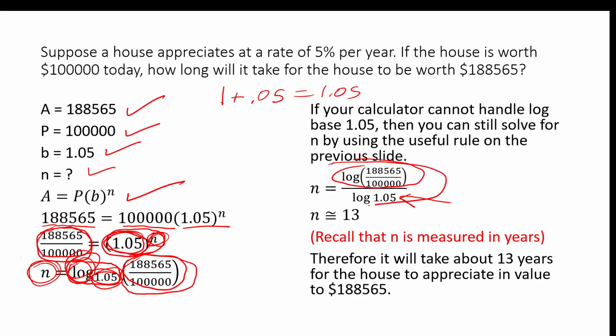If you have a fancier calculator, you'll do the other one. But either way, you get an n value of approximately 13. Therefore, it'll take about 13 years for the house to appreciate in value to $188,565.